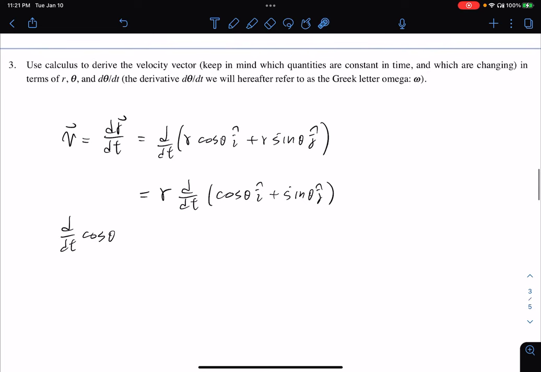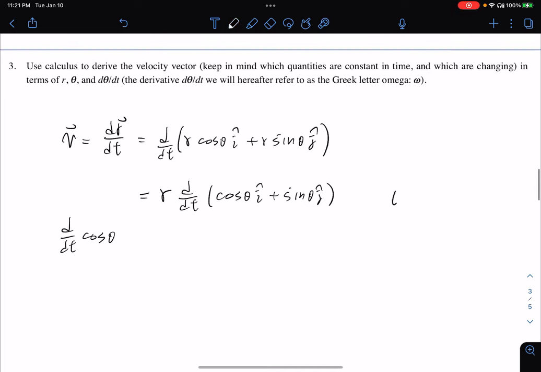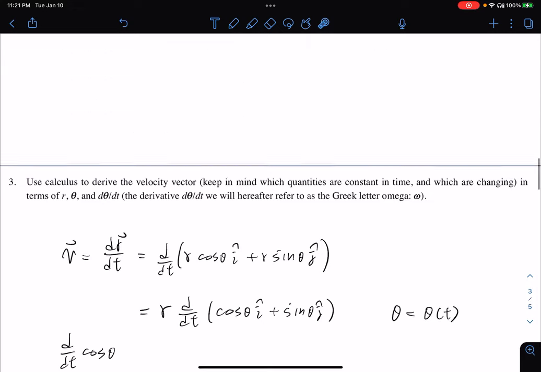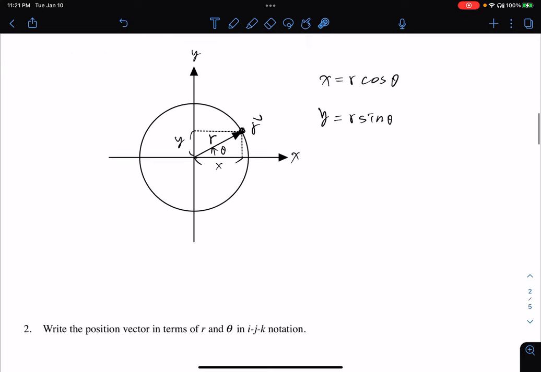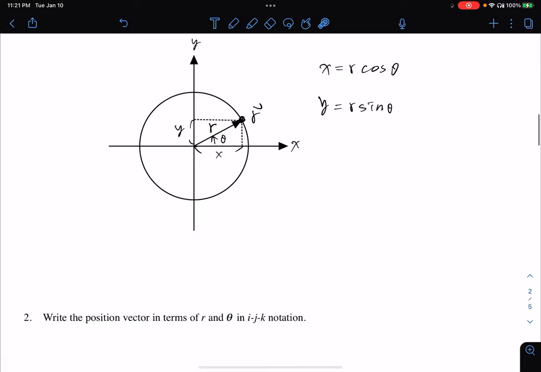Now, this angle theta is a function of time because the object is moving on the circle. When the object is moving on the circle, the angle will change with respect to time.